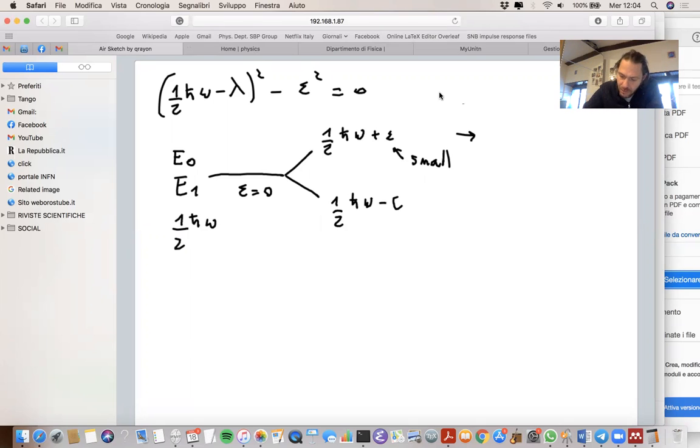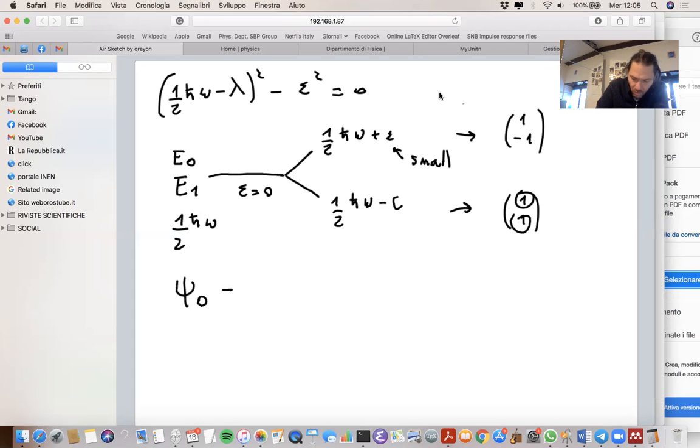And if you look at the corresponding eigenvectors, this eigenvector here is 1, 1, and this eigenvector here is 1, -1. Remember, these are the coefficients of the expansion. So this means that the ground state will be C normalization, psi left of x plus, you see, same sign, psi right of x.